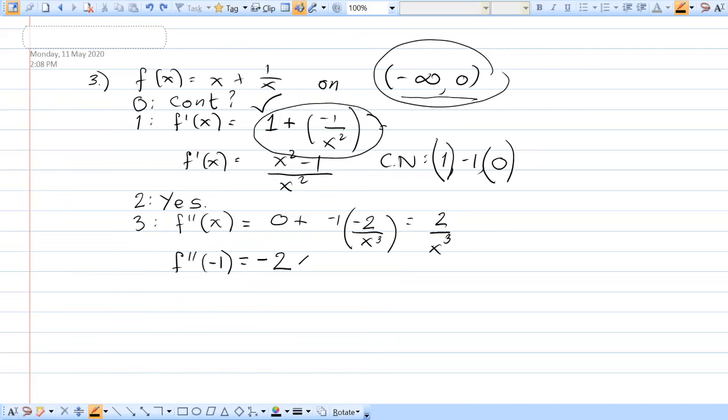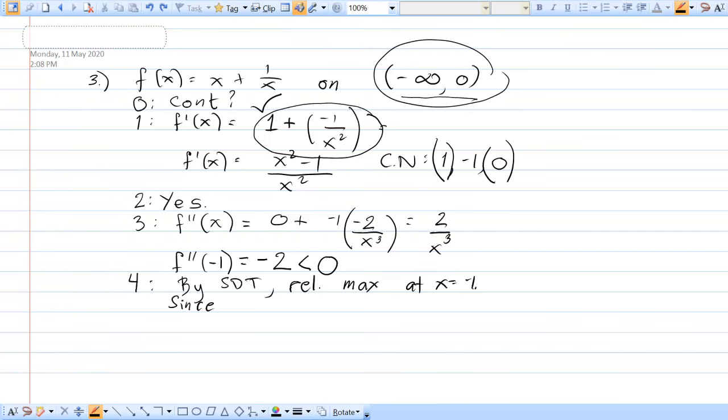So, this is less than 0. So, therefore, step 4, conclude na tayo. So, by SDT, since yung second derivative ay less than 0, concave down siya. So, we have a relative max kasi concave down at x equals negative 1.